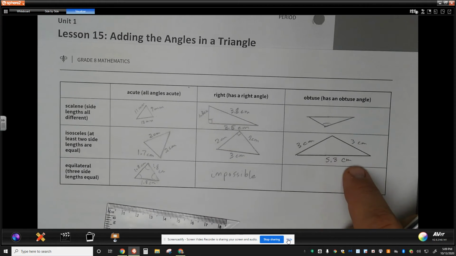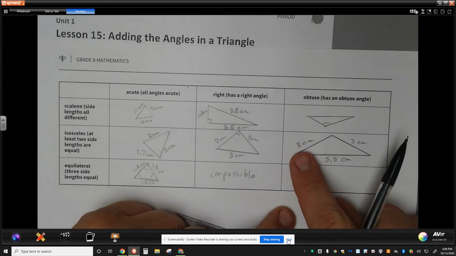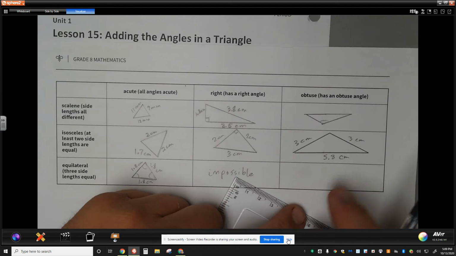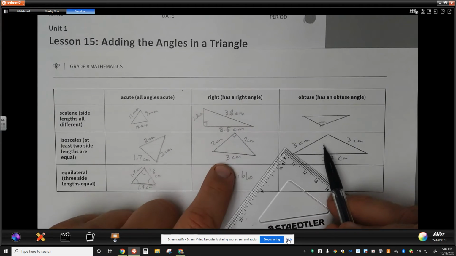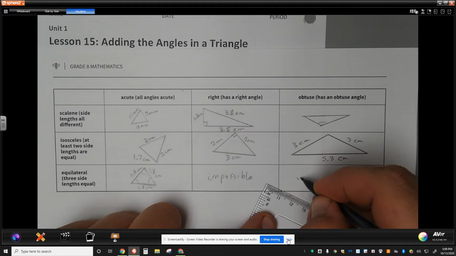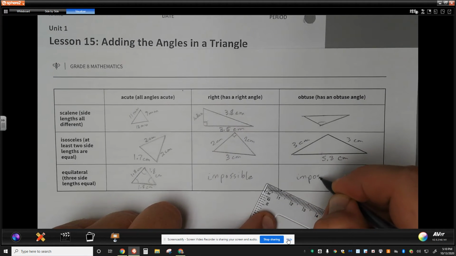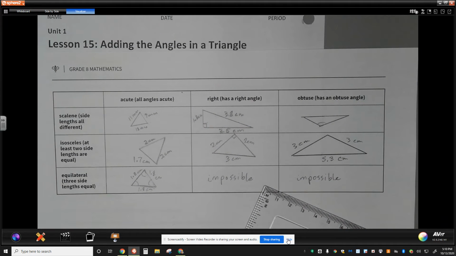And if we think about an obtuse triangle, when they open wide up, this side is clearly much larger than the other two, and if it wasn't possible with a 90-degree opening, then it's certainly not going to be possible with an obtuse angle. So that one's also impossible.